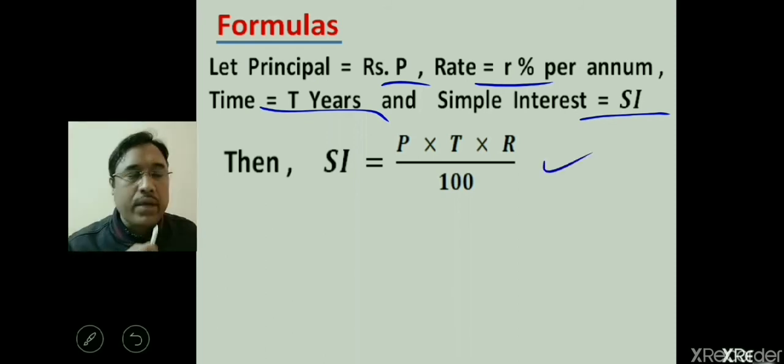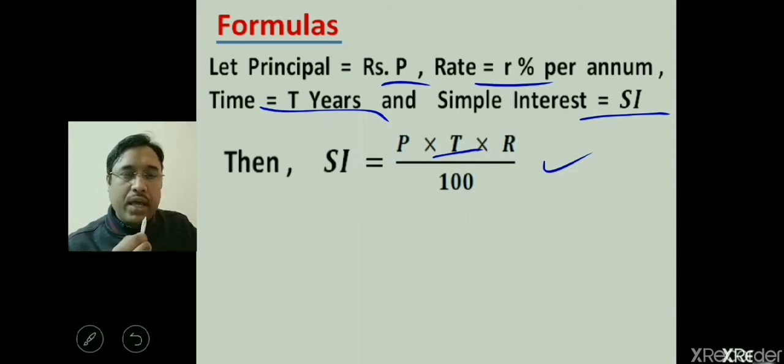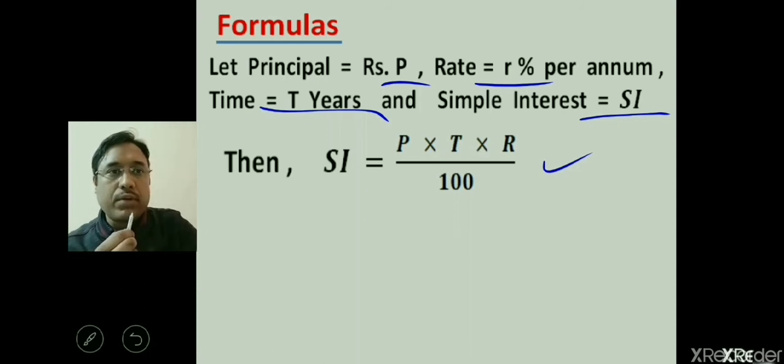This formula you have to learn. Here R is the rate, T is the time, and P is the principal value, which is borrowed by the borrower. I have already explained in the previous video what principal is: the money borrowed by the borrower is the principal amount.